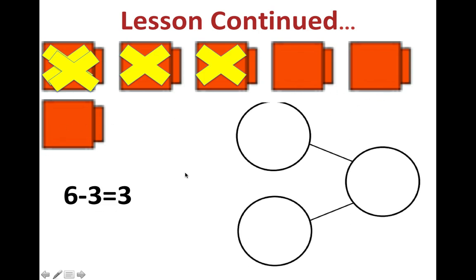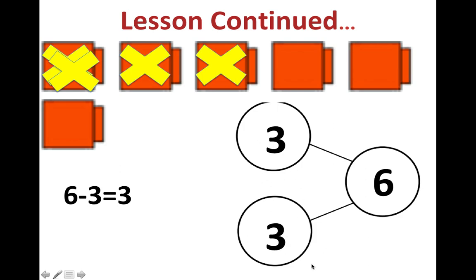So now I have to do it in a number bond. I have 6, because altogether, all the counters, I have 6 counters. And then I decided to take 3. That means I have 3 left. That's my answer. So does it matter which 3 in a number bond?